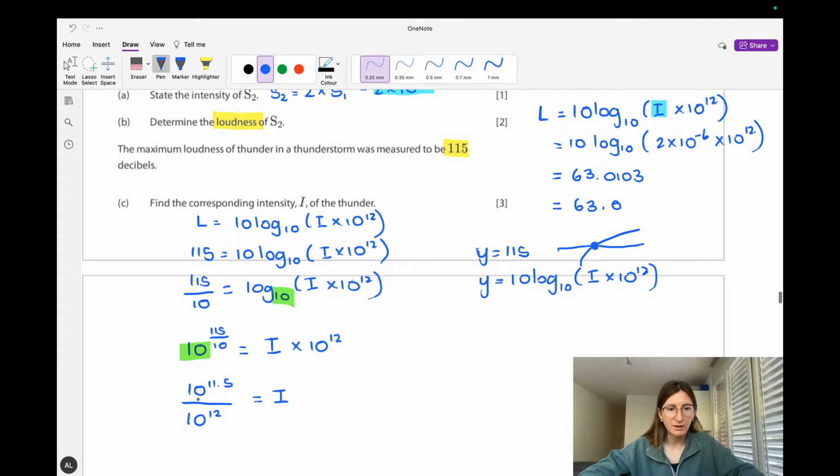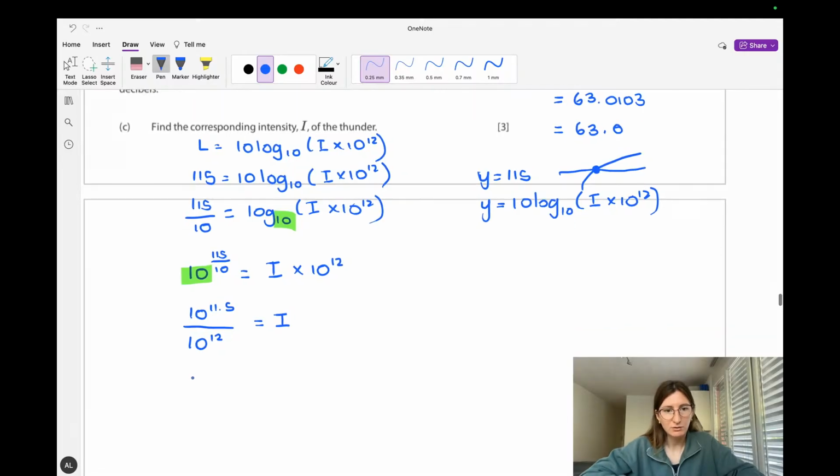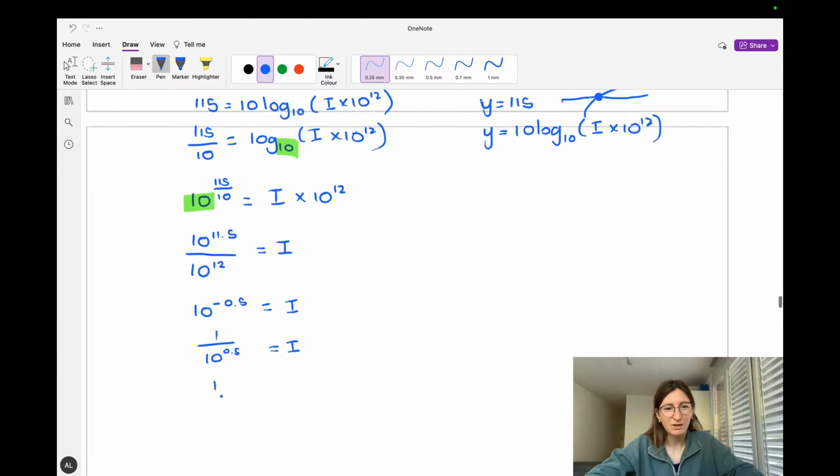Again, you can put this on a calculator, but by my exponential laws, because it's great to practice, 11.5 minus 12 gives me minus 0.5, which is 1 over 10 to the power of 0.5, which is 1 over root 10.